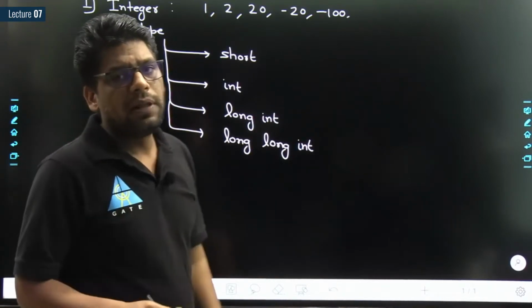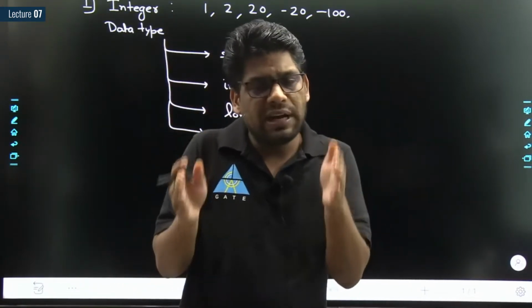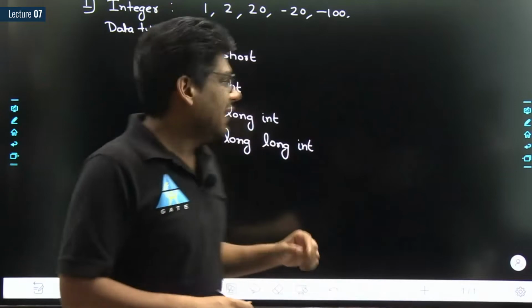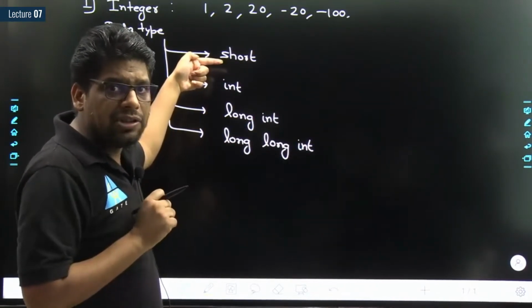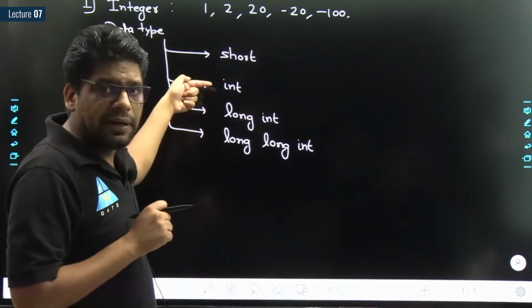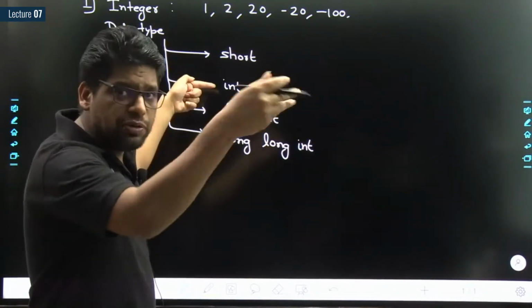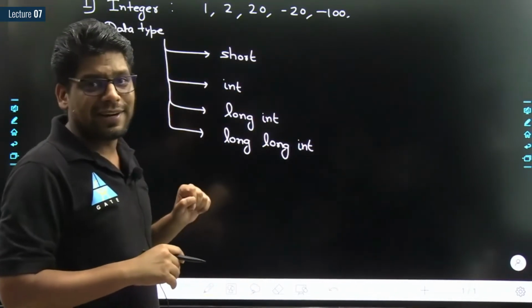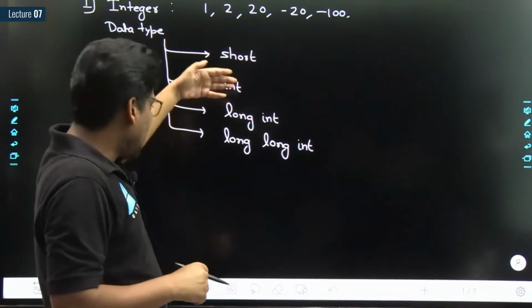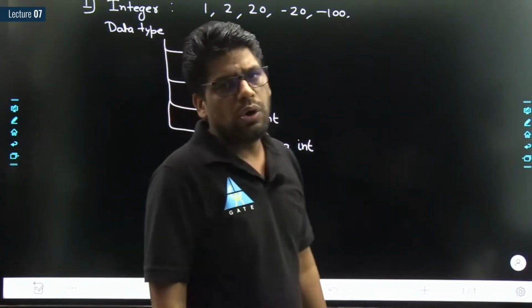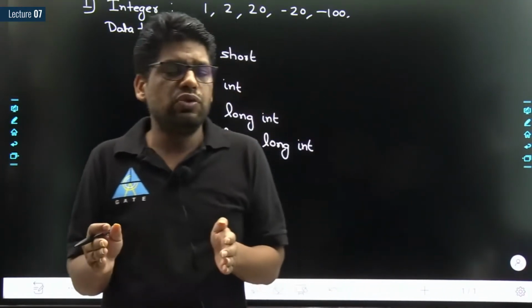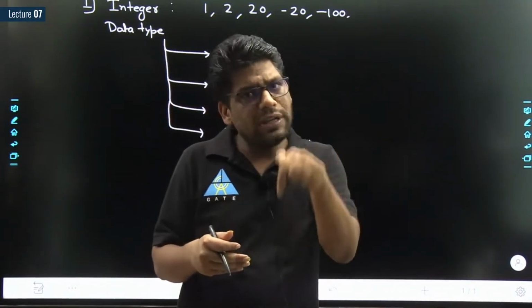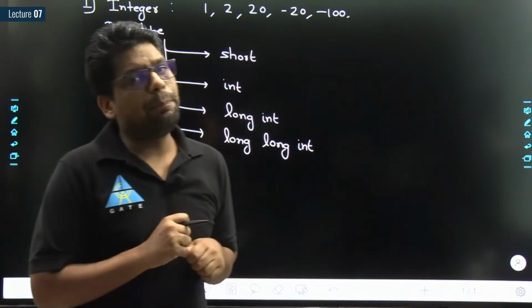If the value to be stored inside a variable is very small, you can go for short. If it is a little bit large, you can go for int. If it is much larger than this range, then you can go for long int.